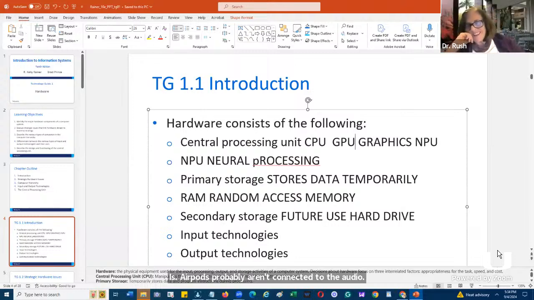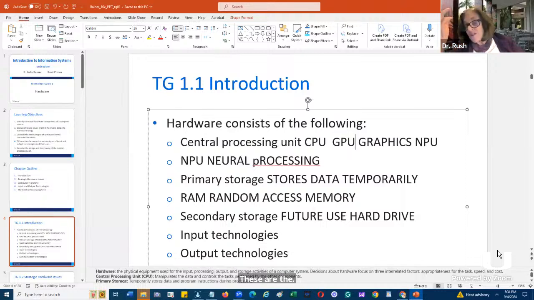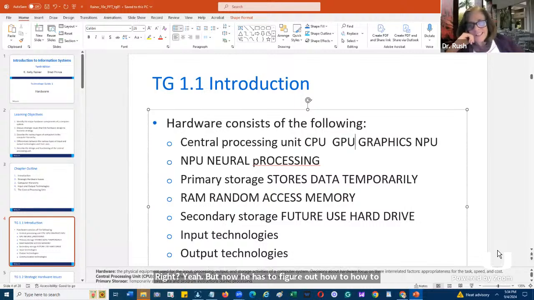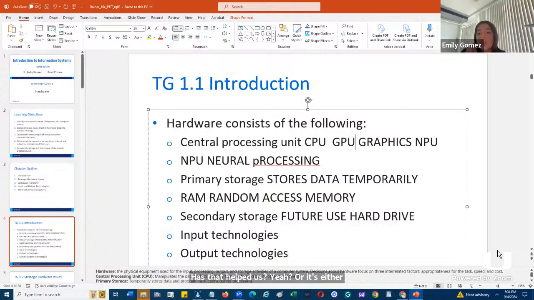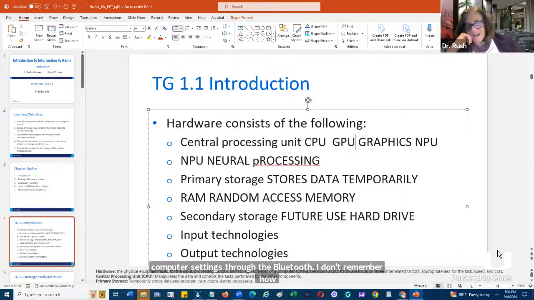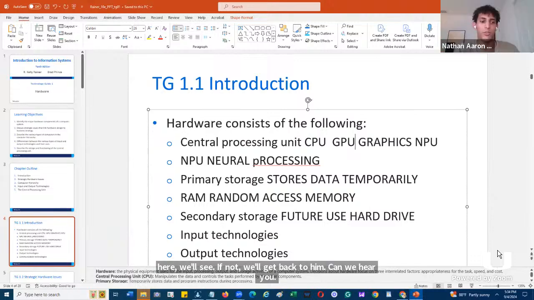We want to help each other. That's why we want to give extra credit for people to help, right? Now he has to figure out how to get my iPhone. See, now he's putting it back in. Has that helped us? Yeah. I think you can do it in the Zoom settings or your computer settings through the Bluetooth. I don't remember how I fixed it. We'll see. If not, we'll get back to him. Nathan, can we hear you? Say something. 1, 2, 3. Can we hear you? 1, 2, 3.